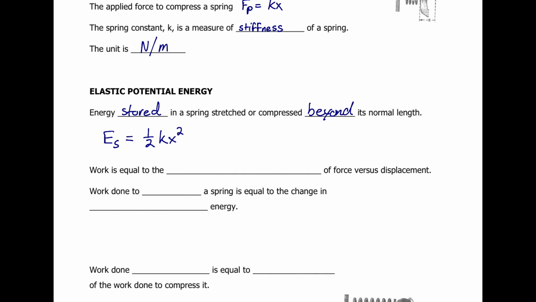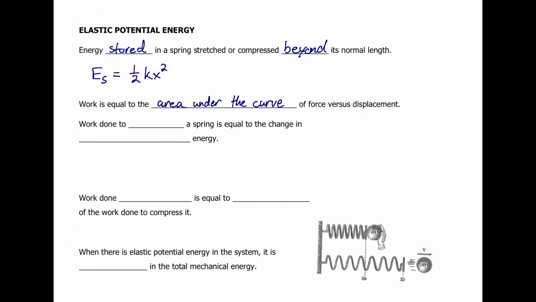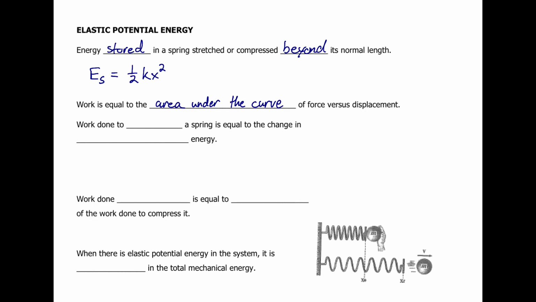Now work is also equal to the area under the curve of force versus displacement. And I have this little chunk here to draw my little graph. It's going to look like this. I'm going to draw a line that does this.